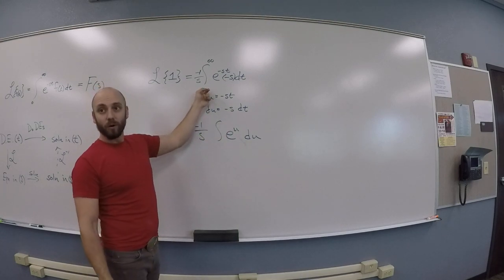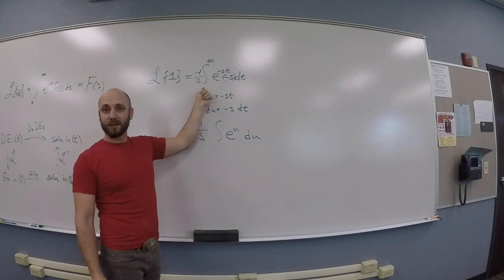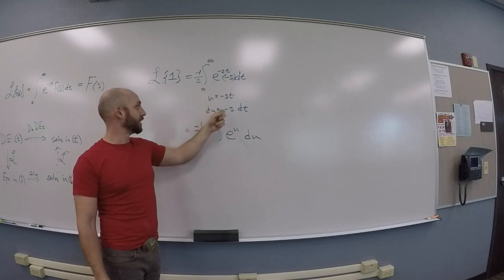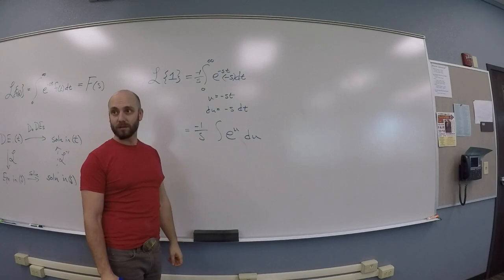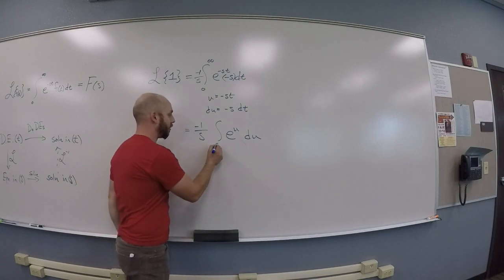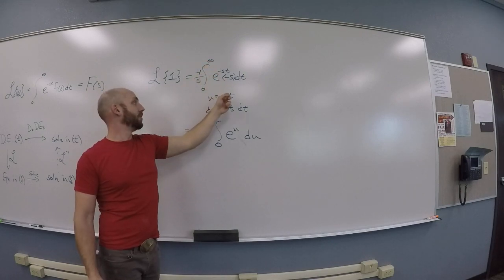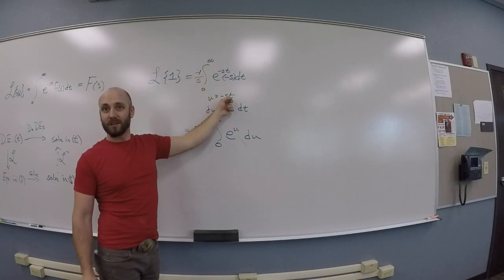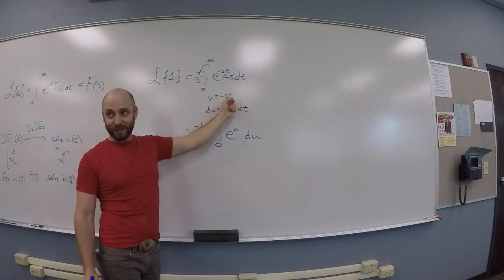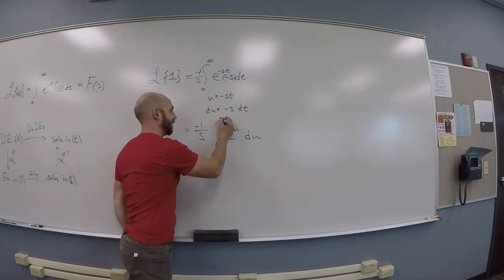So this is a bound in t. So when t is 0, what's u? It's 0. And when t is infinity, u is negative s times infinity, which is negative infinity.